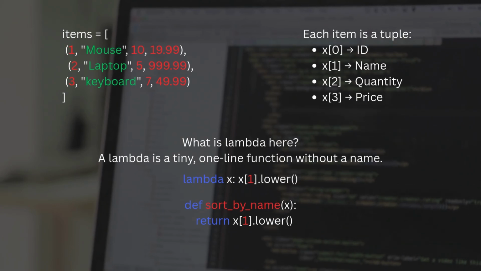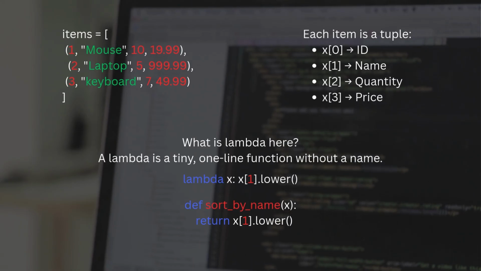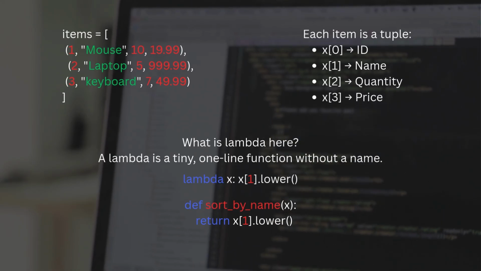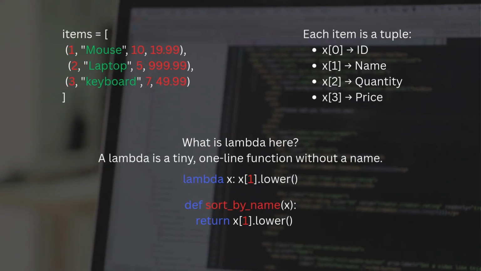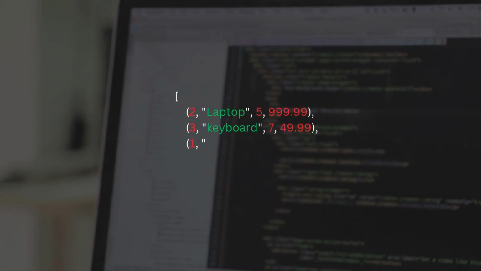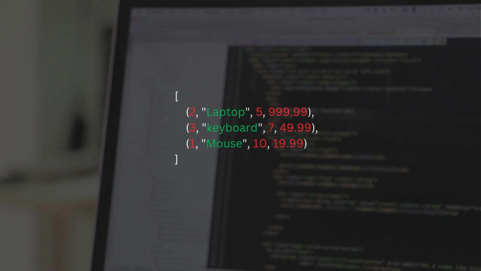So a Lambda function is just a shortcut to keep the code shorter. When we execute this application, Python is going to look at each item, pick out the name part, convert the name to lowercase, and sort based on these lowercase names. So this is how the sorted result will look.